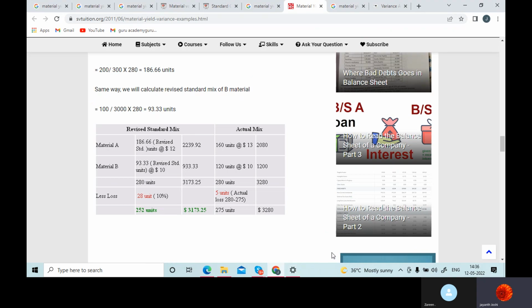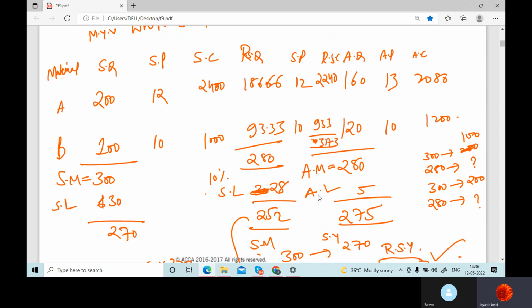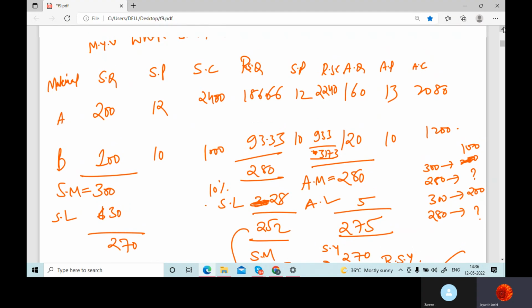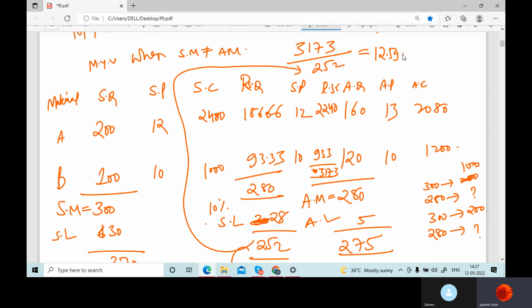Actually, we should take the standard output of 252, so 3173 by 252 gives 12.59.